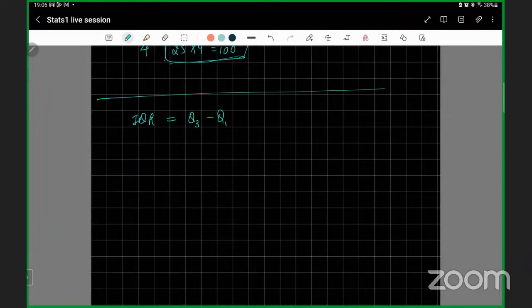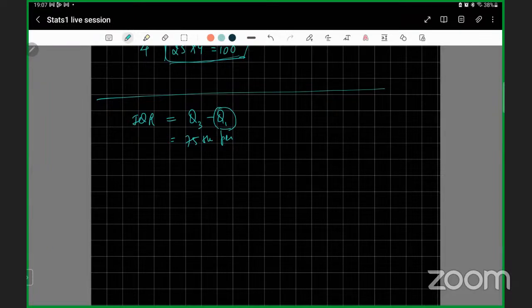Q3 is nothing but the 75th percentile, and Q1 is nothing but the 25th percentile. When you find the percentile, do you actually care about what the extreme values are? Because you anyways arrange the data in increasing order, and then you look for the 75th percentile.